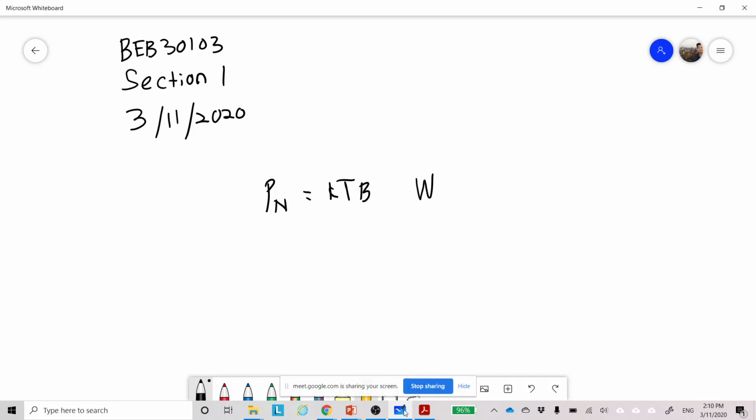Okay, so K is a Boltzmann constant. Okay, so 1.38 times 10 power of minus 23. Ini biasanya akan diberikan dalam exam so you tak perlu nak risau. T is a temperature in Kelvin.